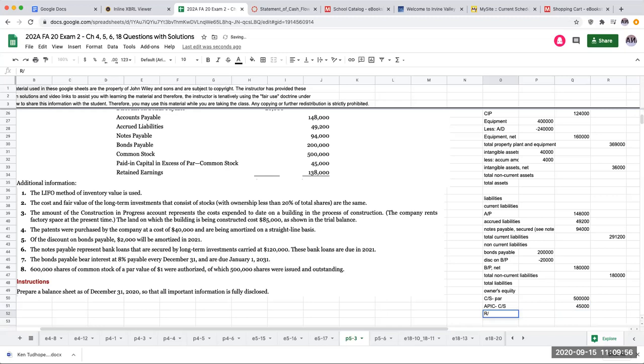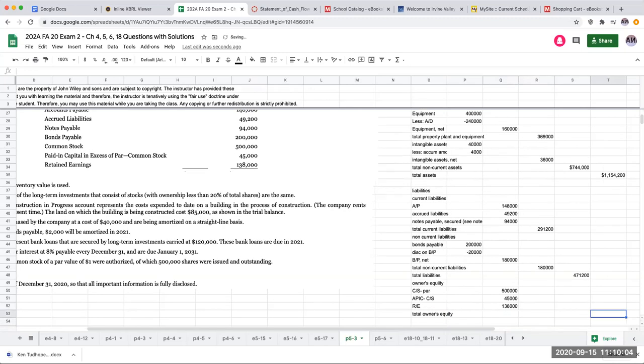We're going to have retained earnings of 138,000. So my total owner's equity is going to be the sum of these three values right here. And I just want to make sure I don't miss anything here, so that I've got total liabilities and owner's equity.